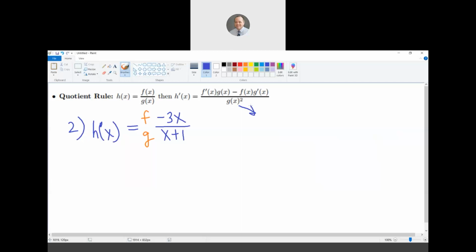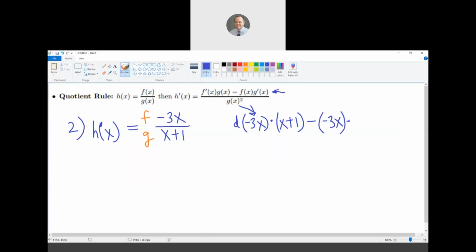First up, f prime of x, or derivative of f, or derivative of negative 3x, times the original g of x, or x plus 1, minus the original f of x, which is negative 3x. Watch the double negatives there. Make sure your signs are correct.